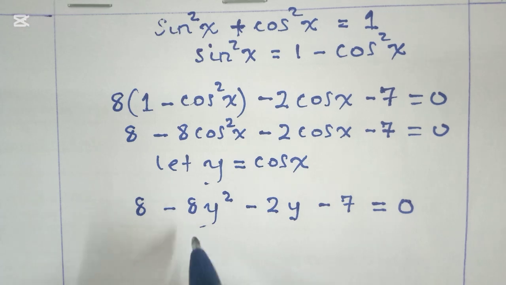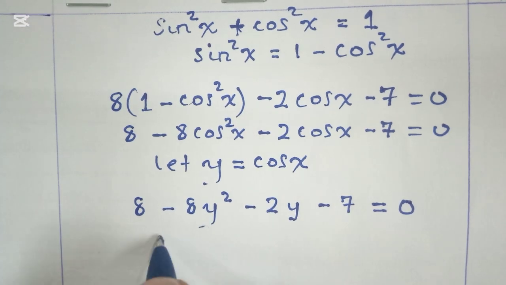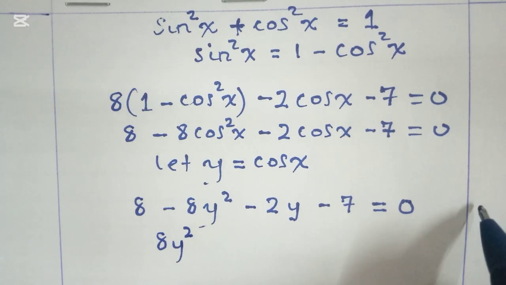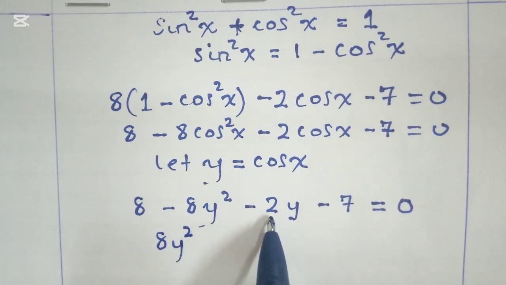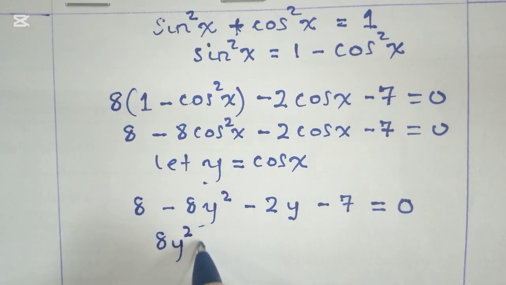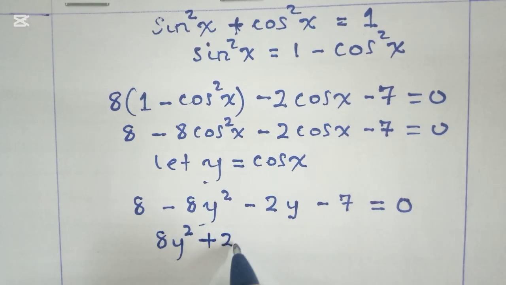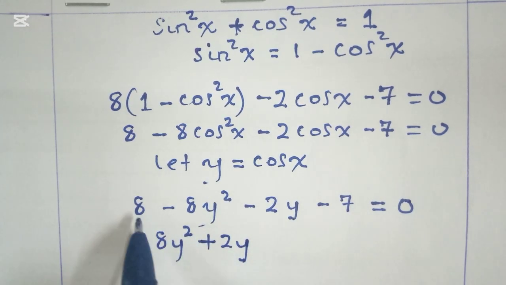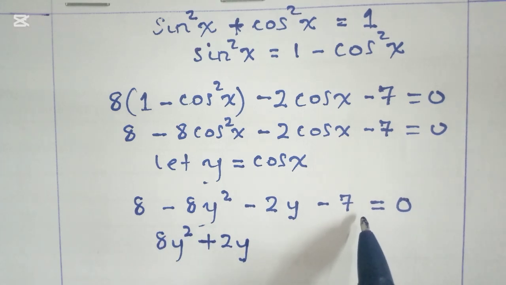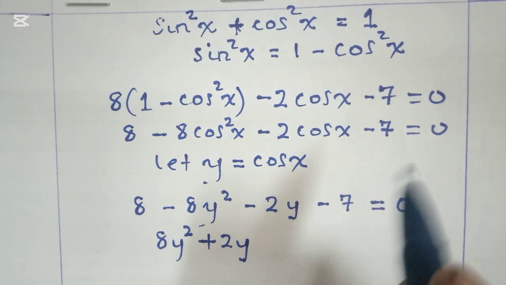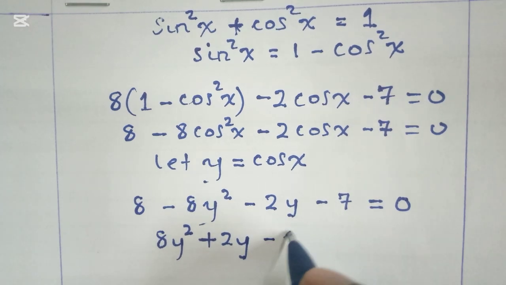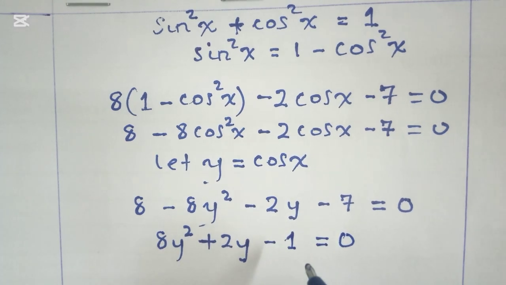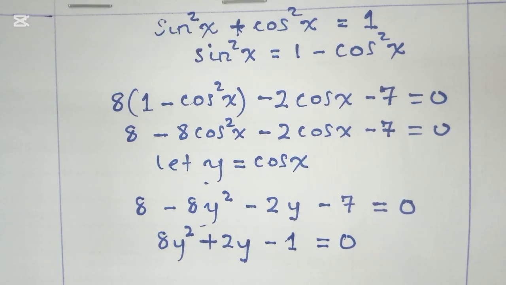So we write 8y squared, and bringing the 2 to the other side gives plus 2y. Then 8 minus 7 is 1, so on the other side we have minus 1, equals 0. This is our equation.